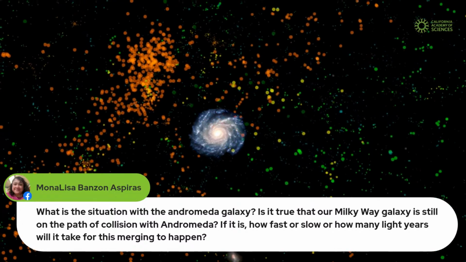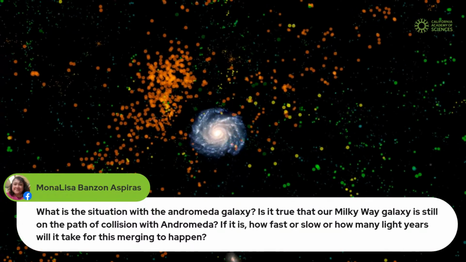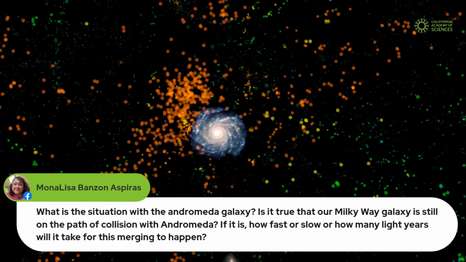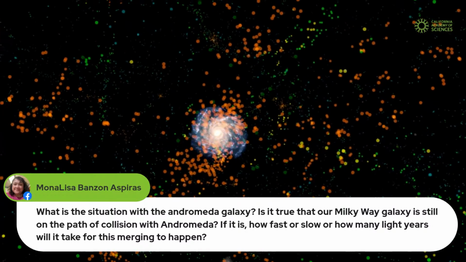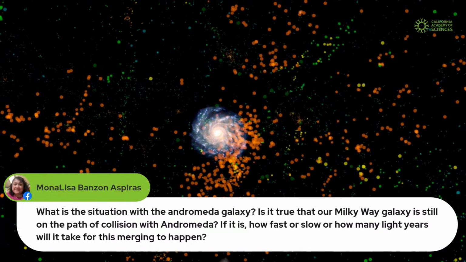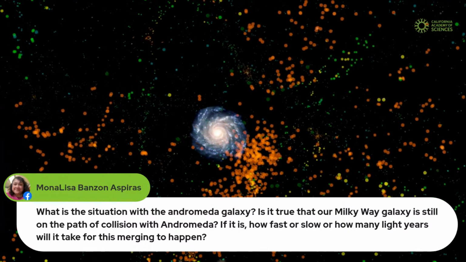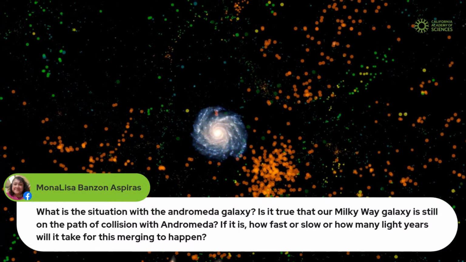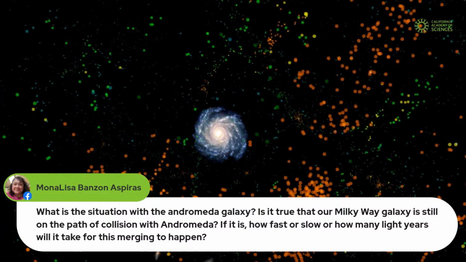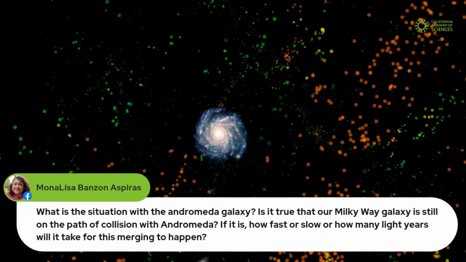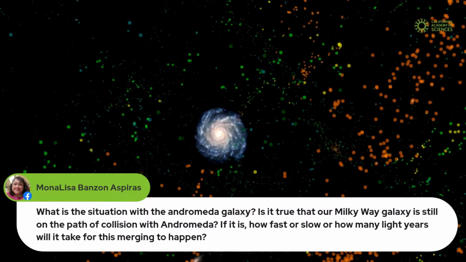When galaxies collide, the stars are far enough apart, like those light years that I mentioned in terms of the distance between the sun and our nearest neighbor, that the stars themselves don't collide. They don't smash into each other, but the gas and dust in the galaxies does interact. And that can actually trigger the formation of new generations of stars.